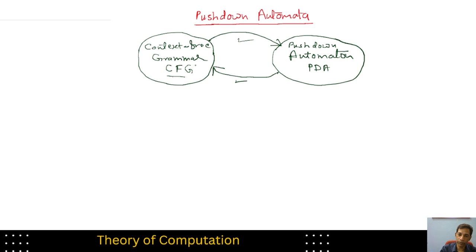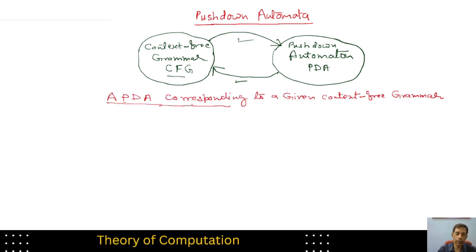And if you are converting the PDA to the grammar, this means the language accepted by the pushdown automaton is the same as the language generated by the context-free grammar you have obtained from the given PDA. So first we see how we can convert a given context-free grammar to a PDA, that is, a PDA corresponding to the given context-free grammar.